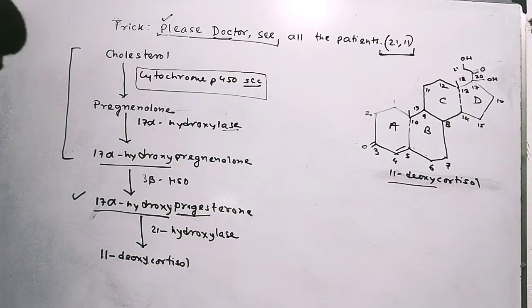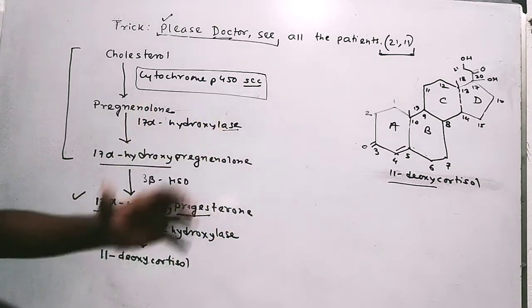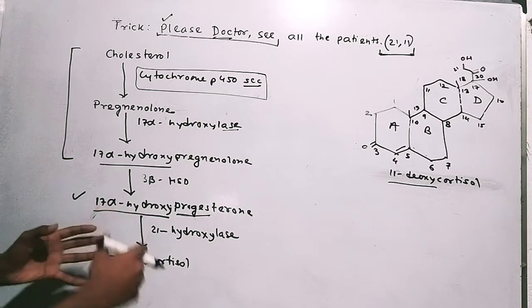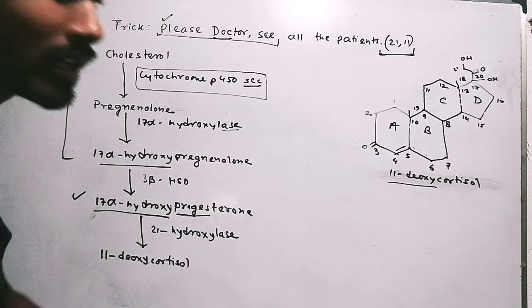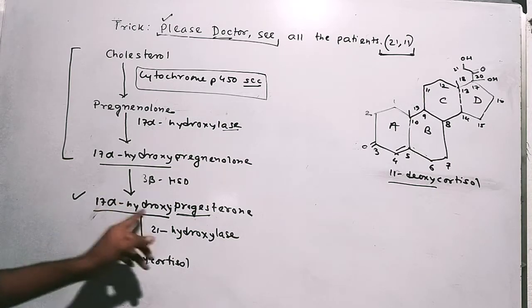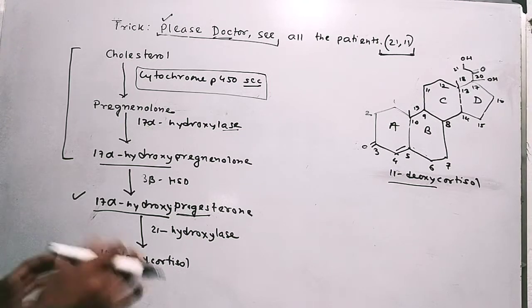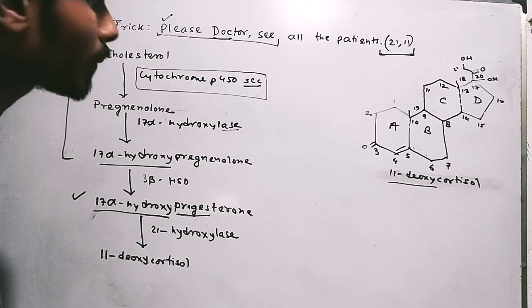DC, but 17-alpha-hydroxyprogesterone is converted to 11-deoxycortisol, not 17-alpha-hydroxycorticosterone or something like that. That would be incorrect. So remember that from 17-alpha-hydroxyprogesterone we get 11-deoxycortisol, which is also a 21 carbon compound.